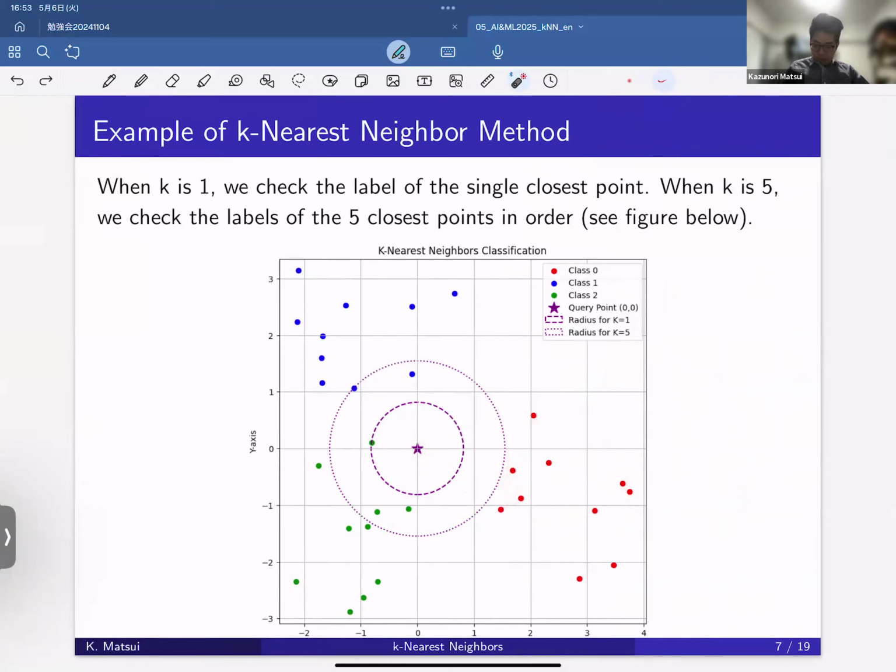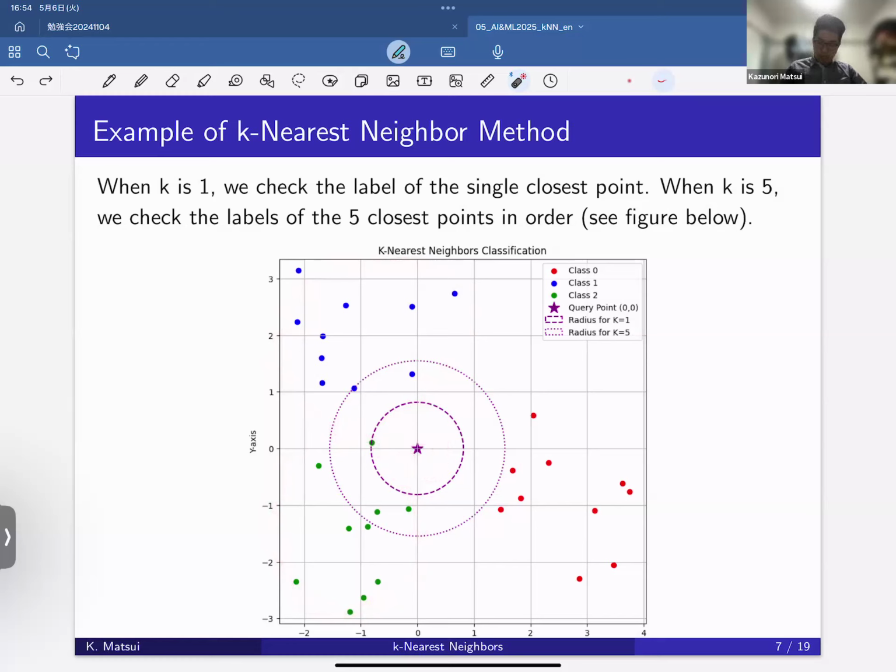Level 1 data is blue data in the upper left. And level 2 data is green data in the lower left. The star is somewhere in the middle, and the question is how to classify it.